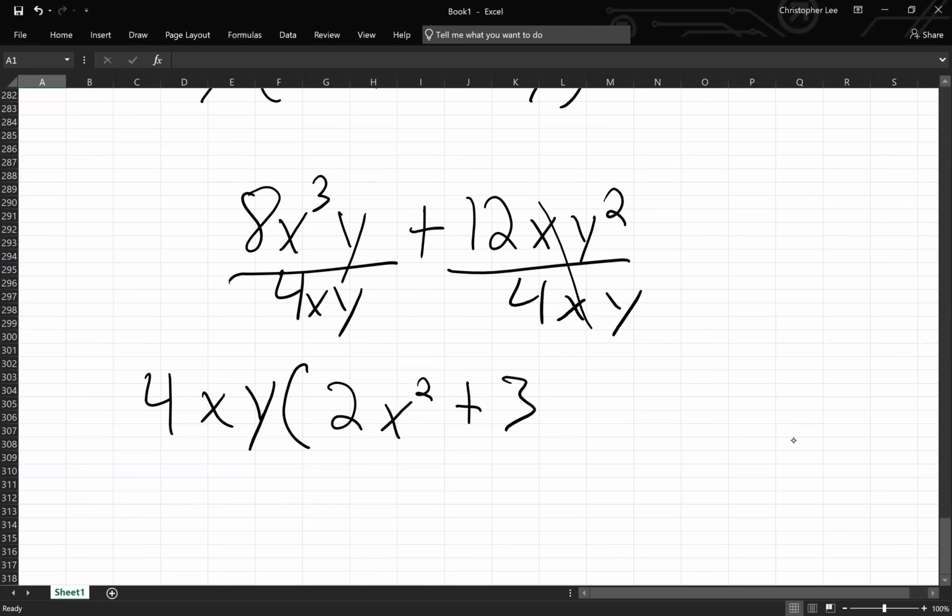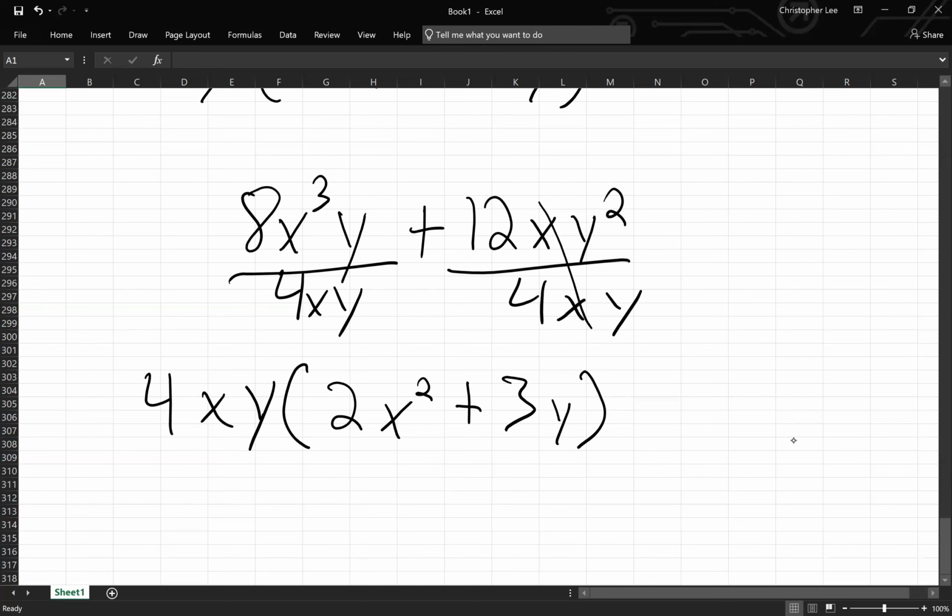No, it cancels out. 3 to the y. I agree. Questions on that? Are we good? It was all last week's homework, Thursday's homework in particular.